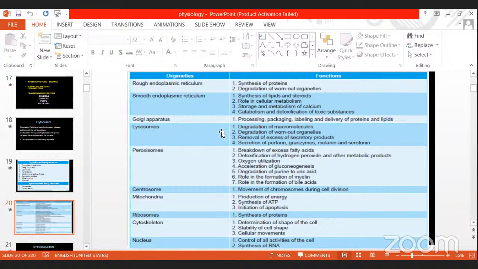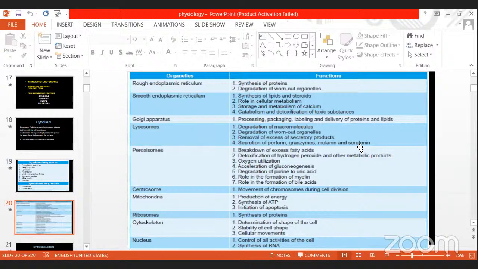And next, coming to the Golgi apparatus, which is a package unit. Remember, Golgi apparatus is a packaging unit. It will process, package, and deliver the proteins and lipids to the appropriate sites. The proteins and lipids synthesized in the rough endoplasmic reticulum and smooth endoplasmic reticulum will reach the Golgi apparatus, and this will package and deliver them to the appropriate areas.